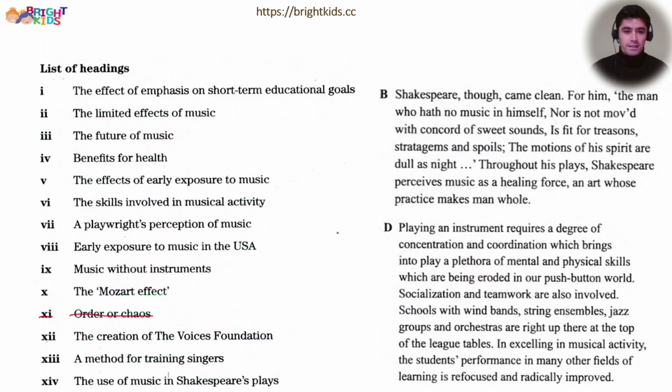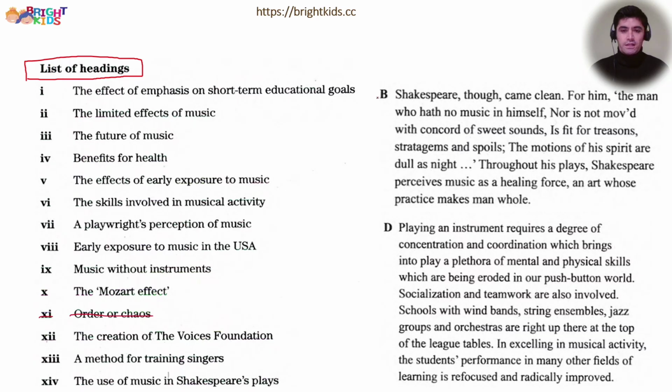So next thing we're going to do is deal with the actual reading task, the matching paragraph question. As you can see, here is the list of headings. I couldn't fit the paragraph section here, because there is a lot of information in the text. That's why I could only fit the list of headings.